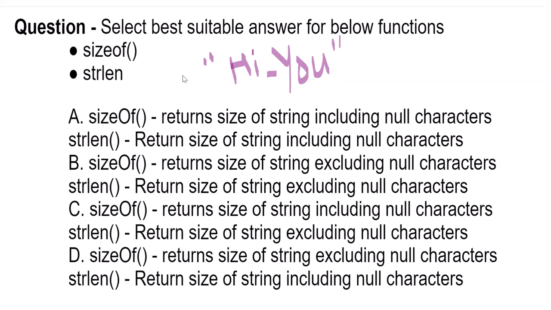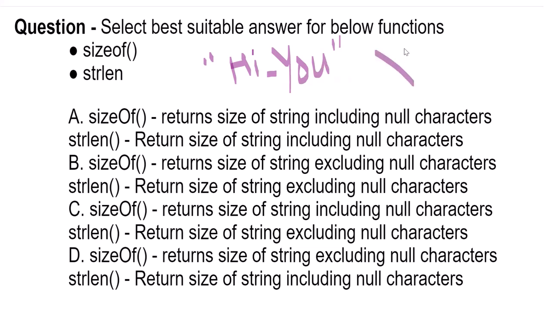Whenever we use strlen on this "hi u", which has this space also, which you can take as underscore or dash, no problem, even if it is a space, that space would still be counted, whether in between, at the start, or at the end. The length of the string will not be 5, actually 6. But when we talk about the sizeof function, notice that every string has a null character at the end.